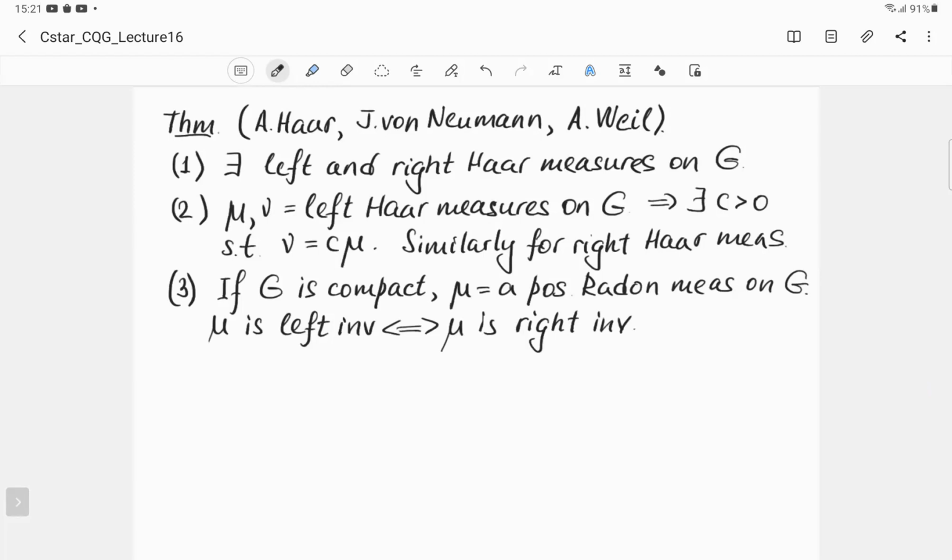In the case where G is compact, it's customary to normalize the Haar measure in the following sense.